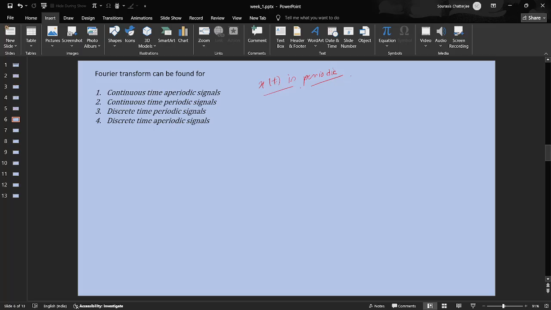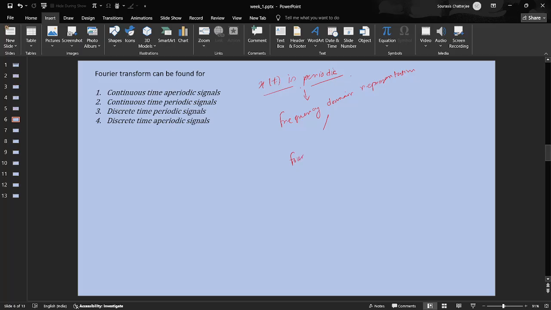So let's say I'm saying that x(t) is periodic. What do you think its frequency domain representation is going to be? There are two things.